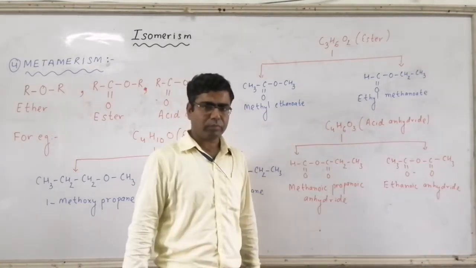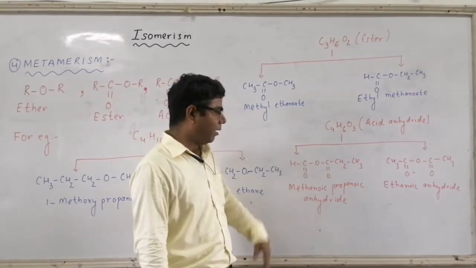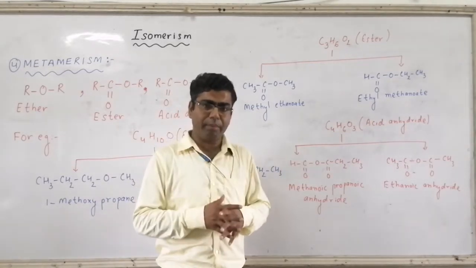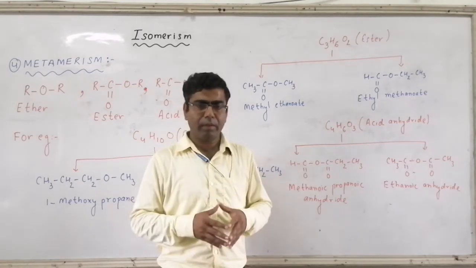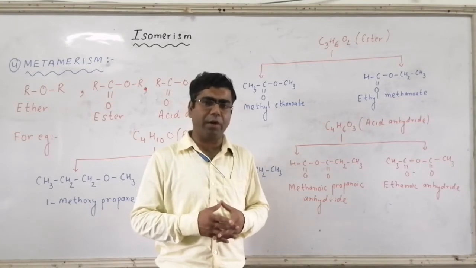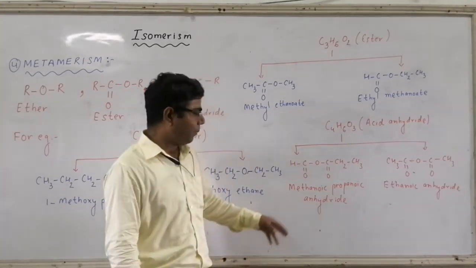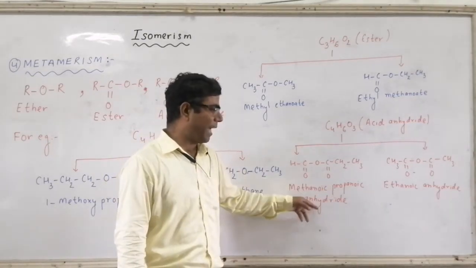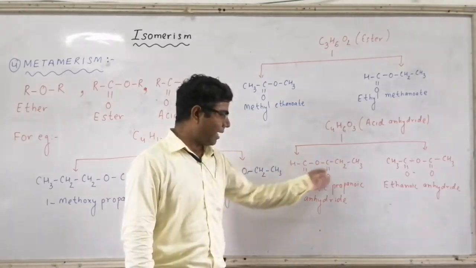This side we are having unit with 3 carbon atom, and this side we are having unit with 1 carbon atom. If you remember, whenever we are dealing with the IUPAC nomenclature of acid anhydride, we always follow alphabetical order. So compound is named as methanoic propanoic anhydride.